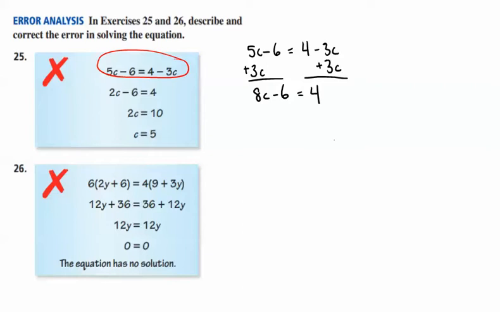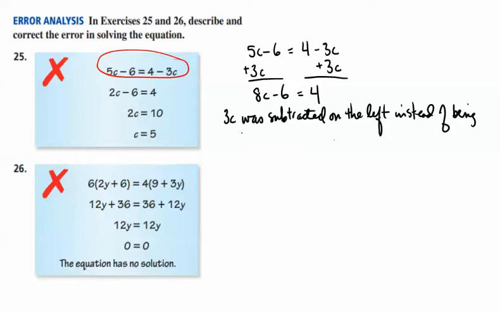The student subtracted 3c on the left side, but added 3c on the right side. 3c was subtracted on the left instead of being added, as it was done correctly on the right side.